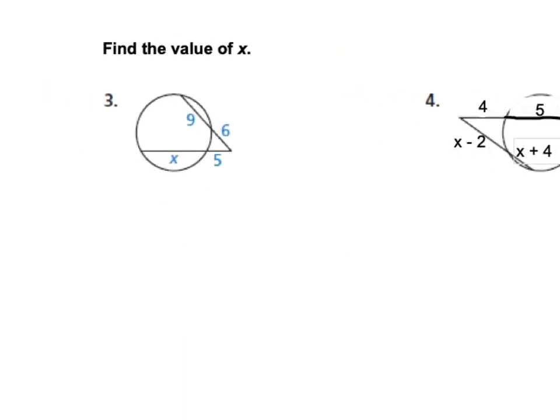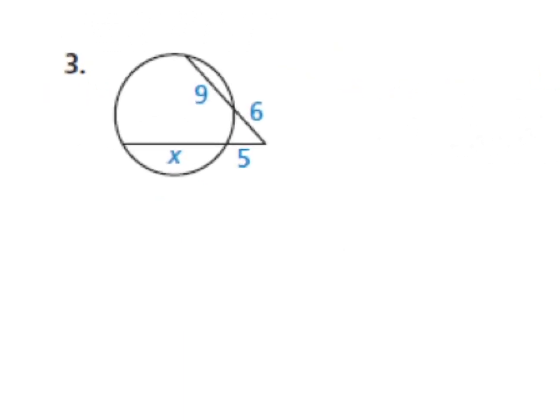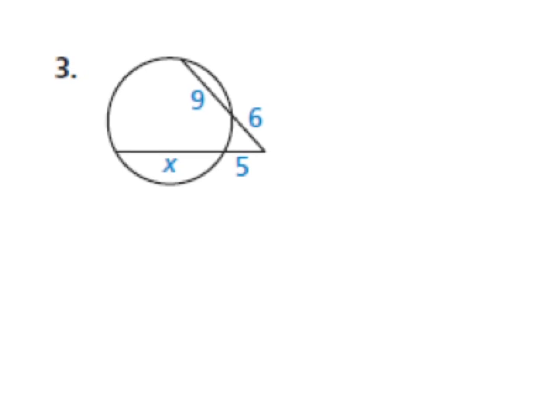Okay, let's look at a couple more here. Let's identify our secant segments here. This first one is here. The outside part is 6. The whole segment is 9 plus 6, which is 15. And then we have the other one, this blue one.